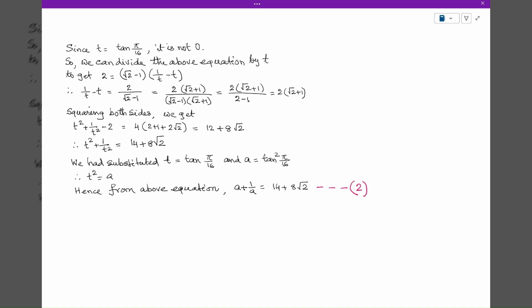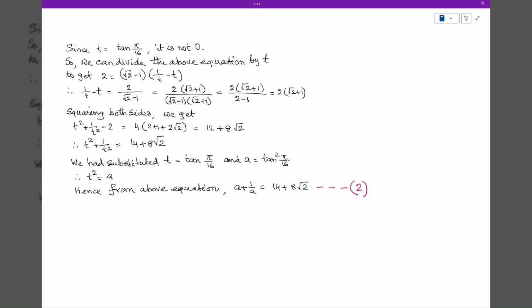Here we have multiplied both numerator and denominator by square root of 2 plus 1 to rationalize the denominator square root of 2 minus 1, and that gives 2 multiplied by square root of 2 plus 1 divided by, this is like x minus y multiplied by x plus y, which is x square minus y square.